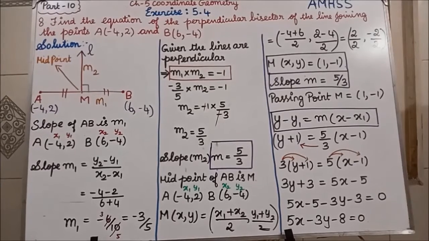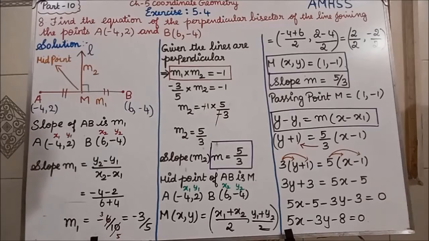We will just substitute the values. Y2 is -4, minus y1 which is 2, divided by x2 which is 6, minus x1 which is -4. So minus and minus will become plus. -4 minus 2 is -6, divided by 6 plus 4 is 10. If you cancel 6 by 10, we will get -3 by 5.